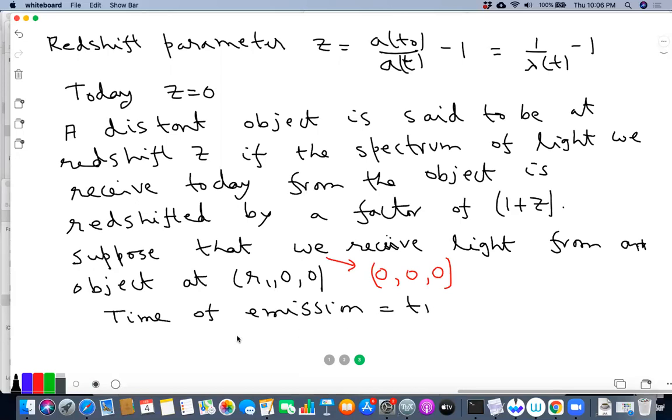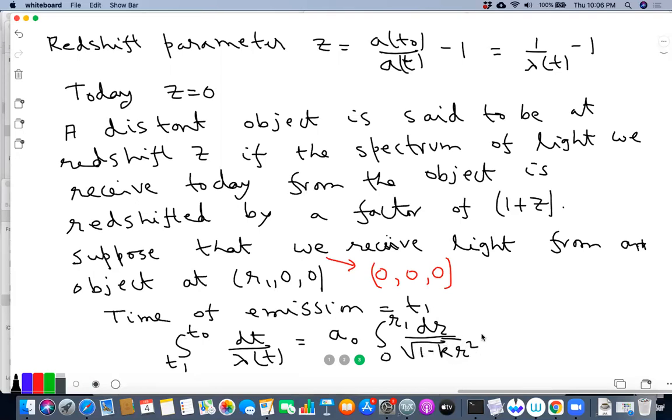Then we had derived from the equation of the null geodesic that the integral from t1 to t0 of dt over lambda of t is A0 times the integral from 0 to R1 of dr. So this one is the co-moving distance of that object.